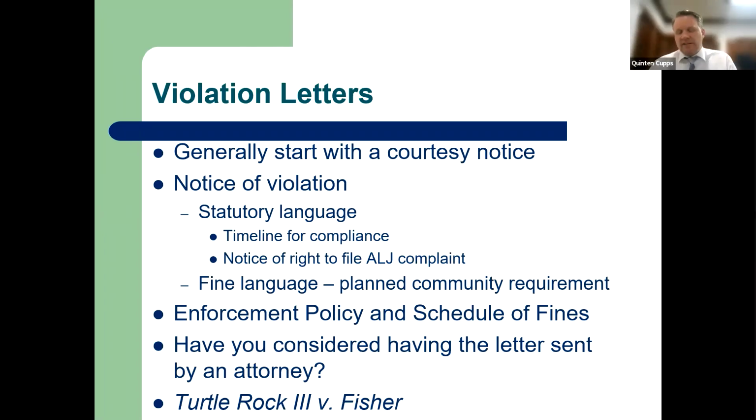Some communities I've seen will just throw it all out there in the first letter: when the violation happened, who saw it, what provision of the documents was violated, and how to contest it. Some don't. Some will limit that, because unless someone sends a letter in response, you don't have to provide that.